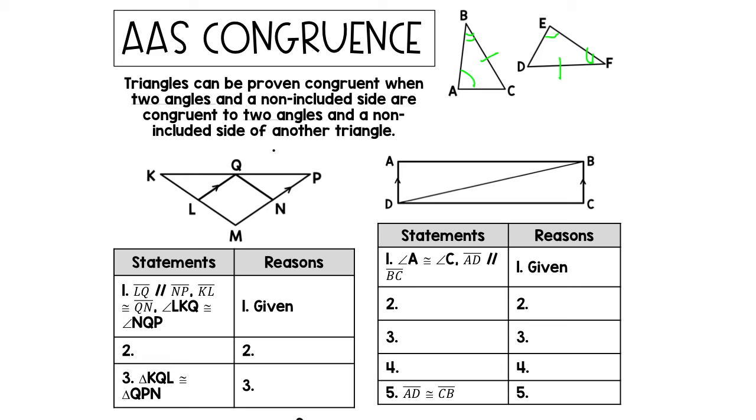You see the sides that are congruent are not involved in the middle of these angles. It's a separate whole side. So we can say that triangle ABC is congruent to triangle EFD because of angle-side congruence.